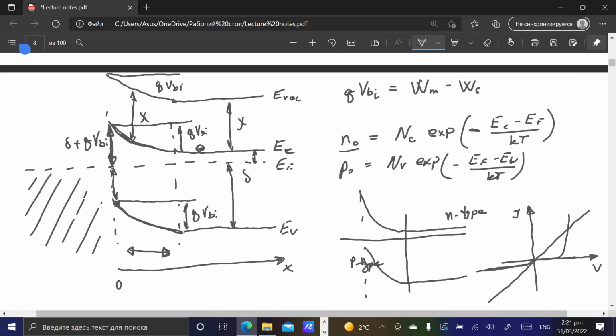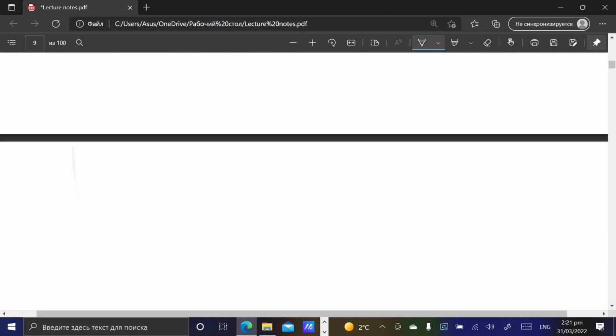So now we have discussed rectifying metal-semiconductor contact. Let's see how we can make an ohmic contact without this depletion region. For an ohmic contact, we will need to find either a different metal or a different semiconductor.